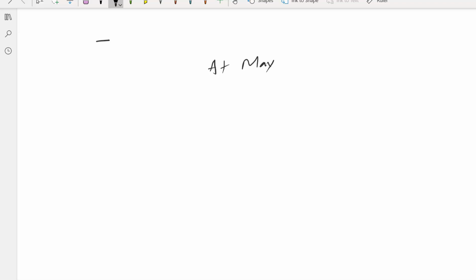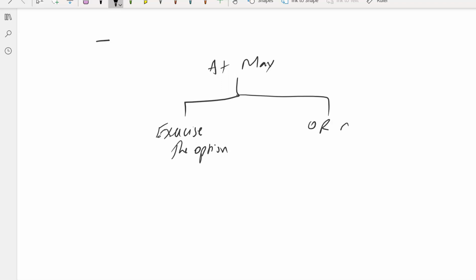Obviously at May you have two choices: either exercise the option or do not exercise. If you do not exercise the option, you have a choice to go to future contract, because I cannot compare to the spot rate because spot rate is not given.